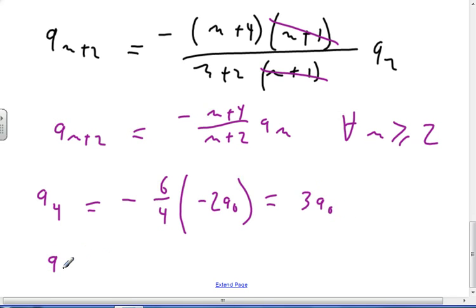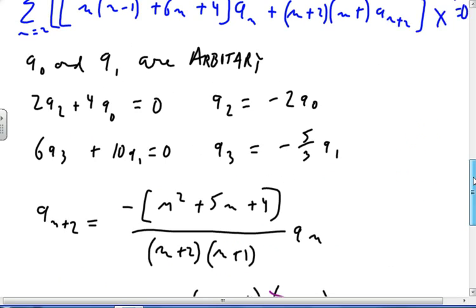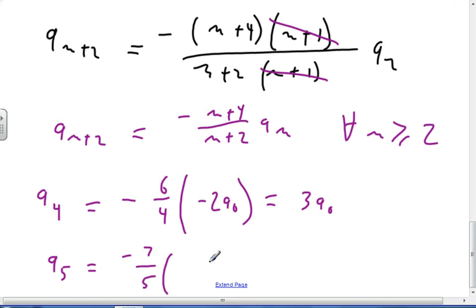I look at a5, n is 3, minus 7 over 5, a3, is minus 5 over 3, minus 5 over 3, a1. 5's go away, 7 over 3, a1.